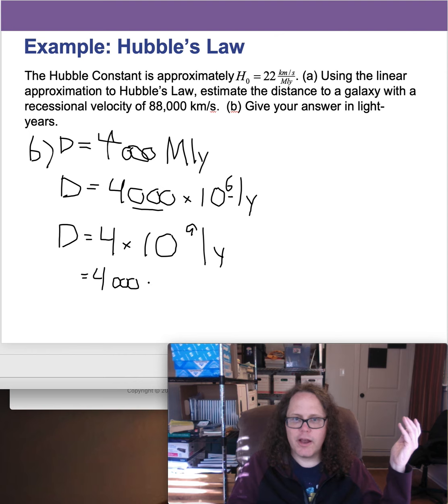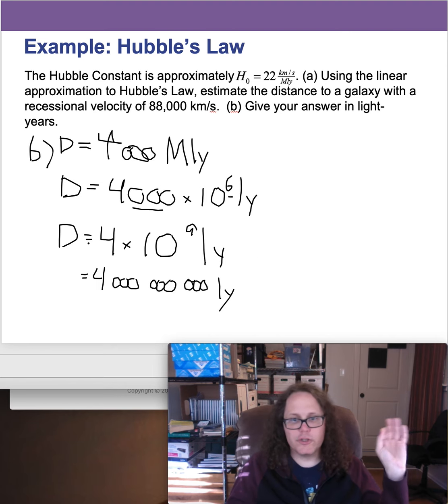But if you're going to draw a bunch of zeros, be sure and count the zeros. It is easy to miscount the zeros, put one too many or one too few. So 4 times 10 to the 9th light years, acceptable answer. 4 billion light years written out, acceptable answer. You could even write it out in English. 4 billion light years, also an acceptable answer.